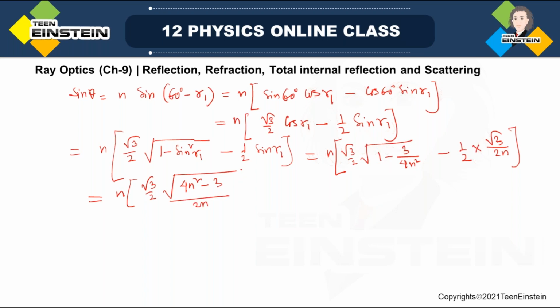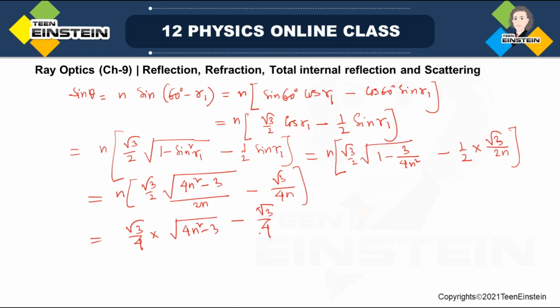Okay, and here it is root 3 by 4n anyway. If we multiply n inside, then what do we get? So root 3 by 4 we will get here, and then we will get this 4n square minus 3, and minus root 3 by 4.